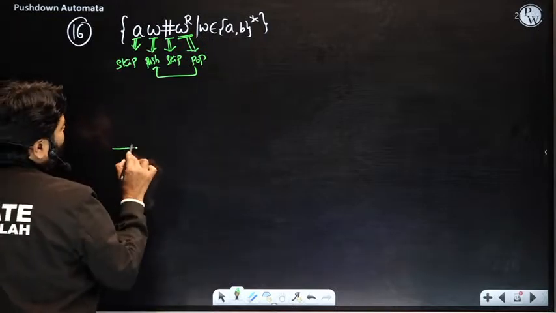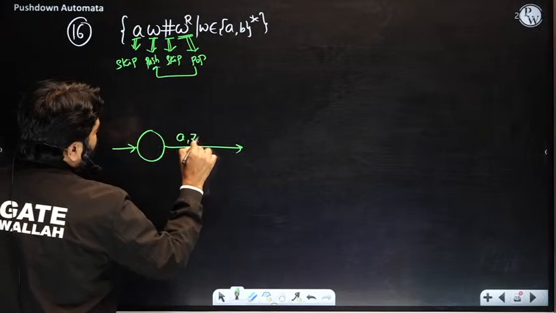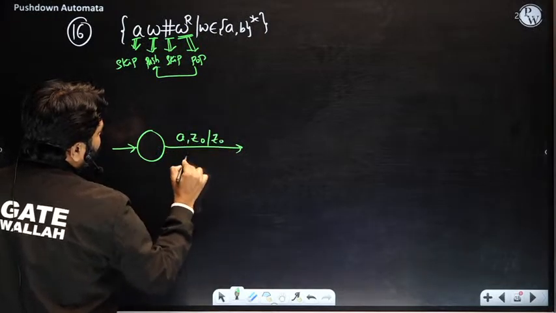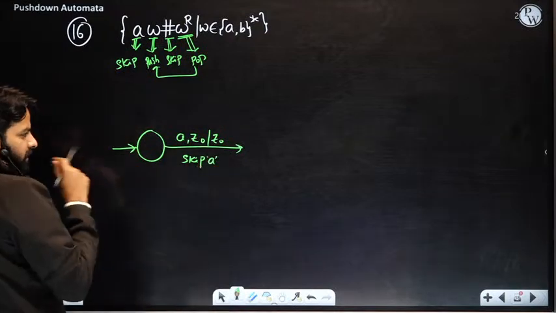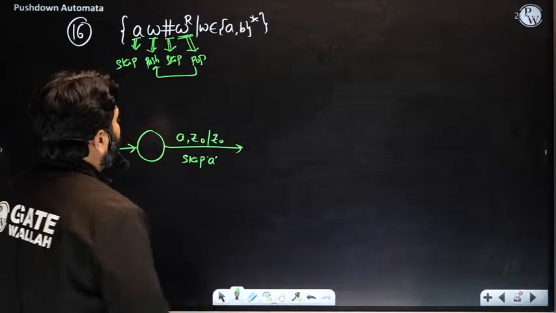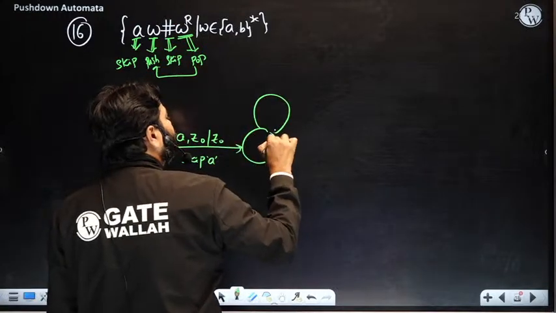I am going to design it. A, Z naught: skip. This is a skip operation. Skip A, that's the first symbol. Next, W you want. You already know, you have seen W's, right?